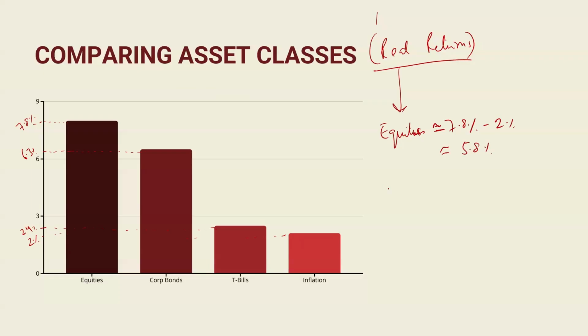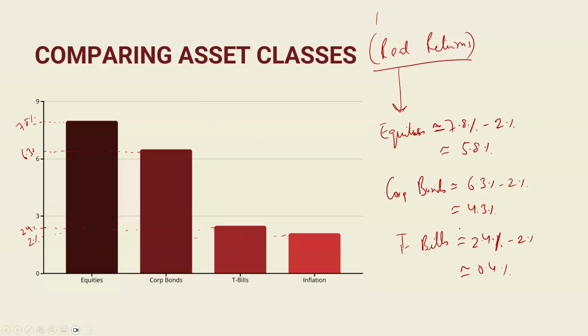Okay, what about corporate bonds? What is the approximate real return for corporate bonds? 6.3 minus 2, which is 4.3%. Correct? For T-bills, what is the real return? So 2.4% minus 2%, which is approximately 0.4% only. So these real returns help you to perform meaningful comparison across asset classes.